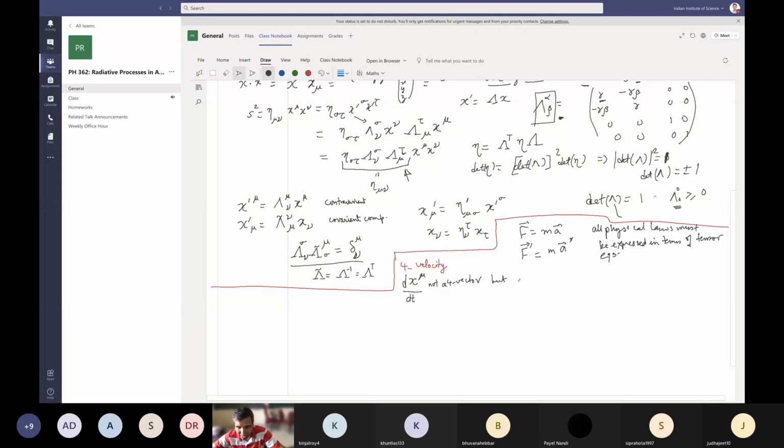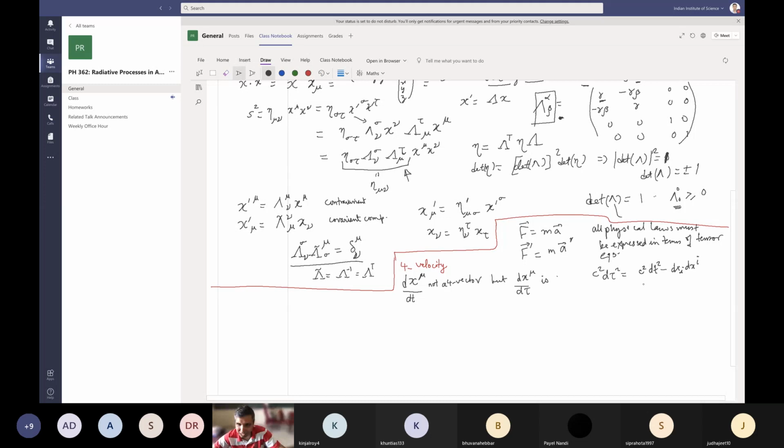But dx^mu/d tau is a vector, right? Because d tau, where tau is the proper time, is a Lorentz invariant, right? c^2 d tau^2 is equal to c^2 dt^2 minus dx_i dx_i, right?